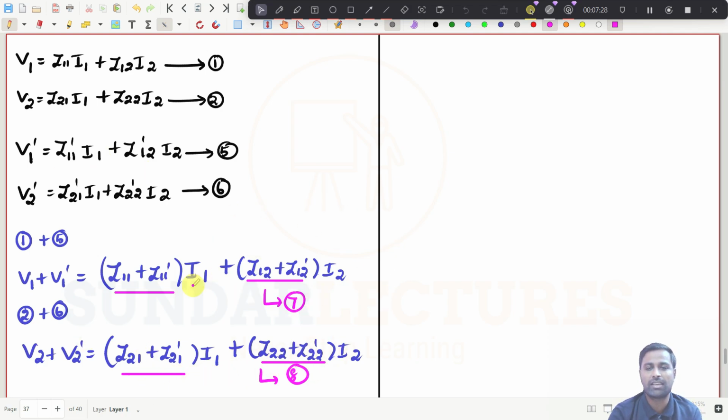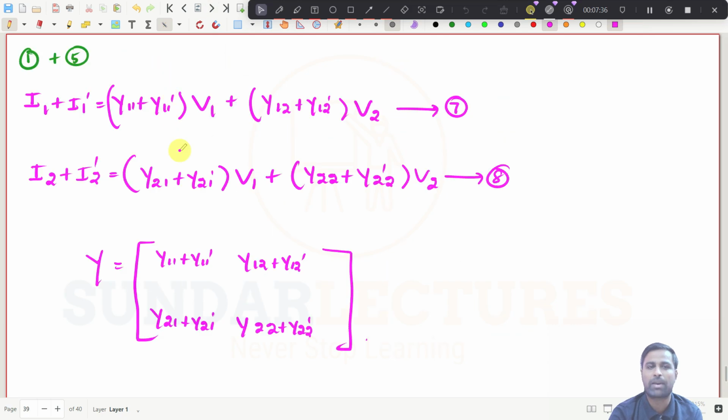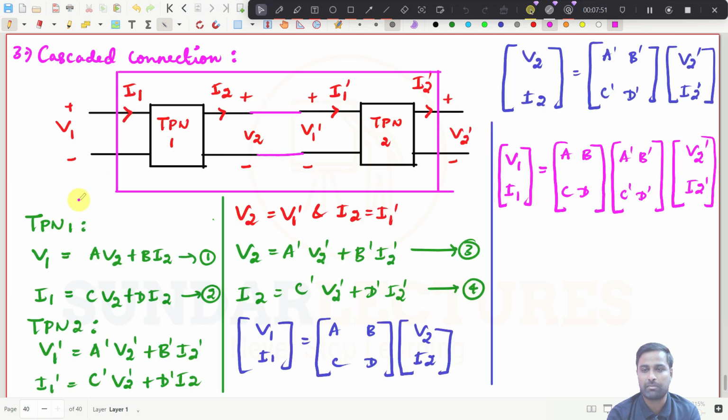So this is the series connection, and for parallel connection, the voltages of the two-port networks will be equal. If you are going for Y parameters, then the Y parameter values will be added here, because two current values will be added down. So it will be Y11, Y11 dash, up to Y22, Y22 dash, right? And we have gone for cascaded connection, back-to-back connections.